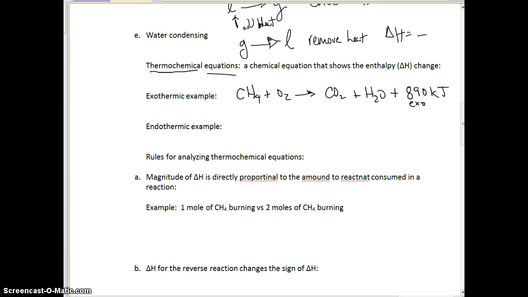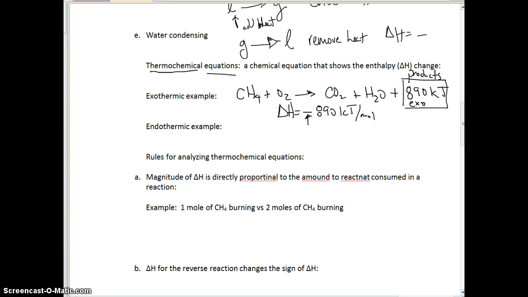Now, if I don't put the heat value over here and I just put it separately, I might put down here delta H is equal to negative 890 kilojoules per mole. That would let me know also that the negative sign is exothermic. If I put it on the product side, it also tells me it's being given off, and that helps the reaction occur.